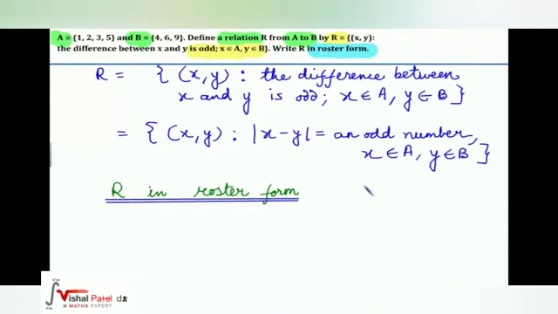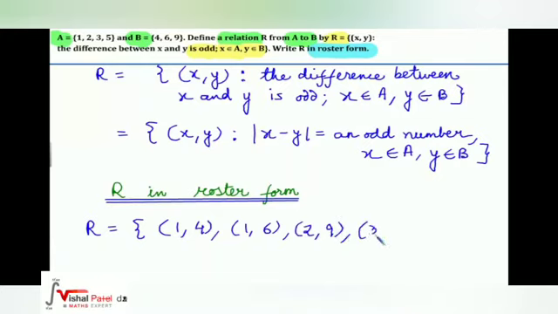So R in roster form is 1 और 4 का रिलेशन होगा, बिकॉज 1 और 4 का डिफरेंस ऑड होगा. 1 and 6 is also, 1 का 6 के साथ रिलेशन होगा, 1 का 9 के साथ नहीं होगा बिकॉज 1 और 9 का डिफरेंस जो होगा वो इवन होगा.